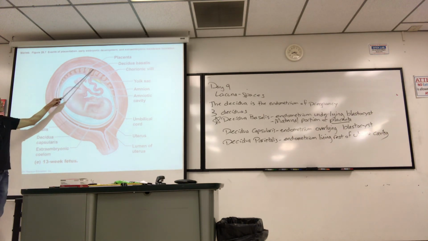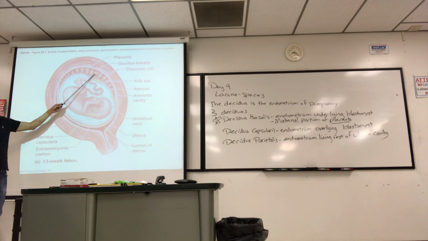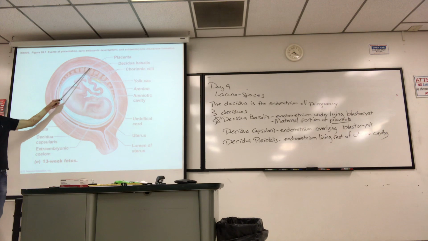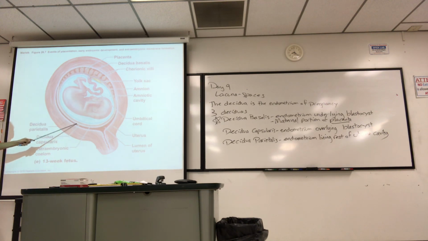It's on the same side as the placenta, basically. See the lifeline, the umbilical cord? So it's on the same side as the umbilical cord, decidua basalis. So this little pink overline, decidua capsularis. And lining the rest of it, decidua parietalis. The uterine cavity is a sliver. See that?